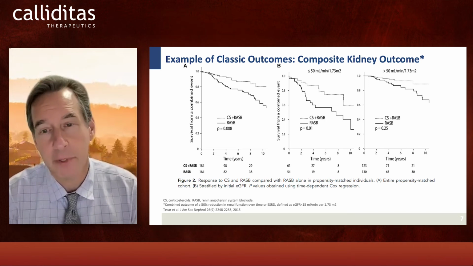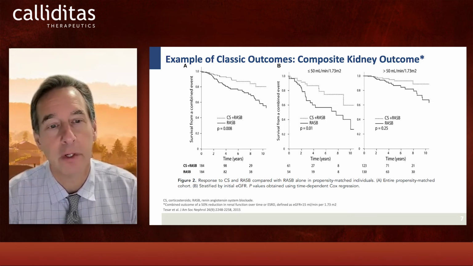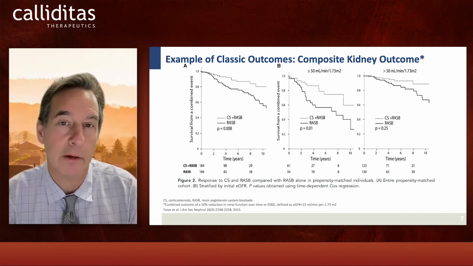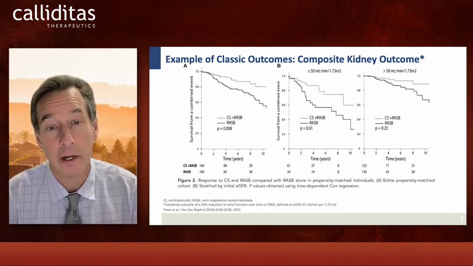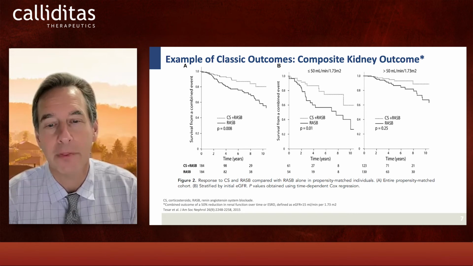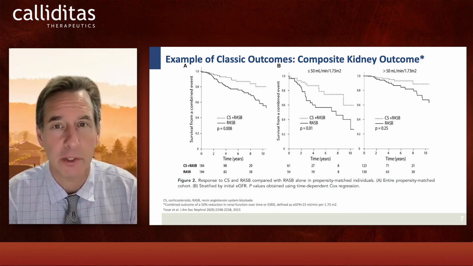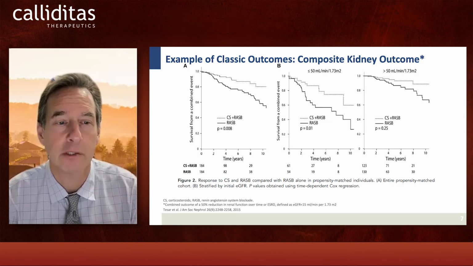And what we really want to know is classic outcomes. We want to have patients, again, survive without kidney failure, without advanced chronic kidney disease. And in rare enough studies in IgA nephropathy, patients have been followed to a classic outcome, that is reaching dialysis or having a 50% reduction in kidney function.